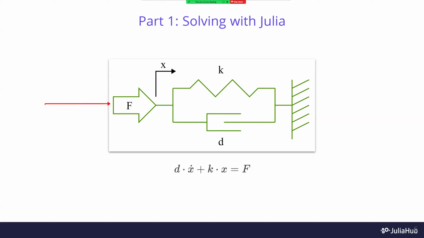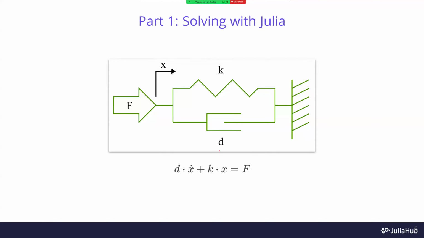On the left side, we have a constant force being exerted on this spring and damper. What we want to know is the value of x over time: how fast or how much this spring gets compressed over time, given the known quantities of force, spring constant, and damping coefficient.